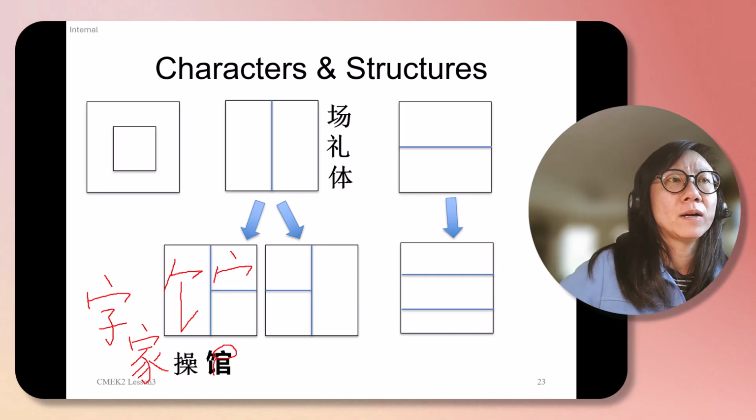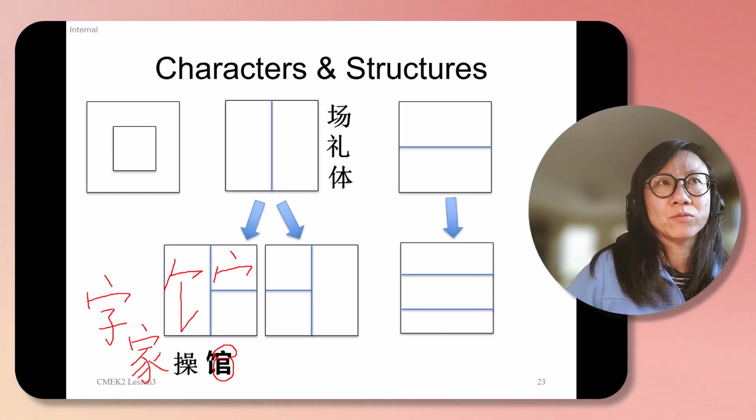And then the right-hand side, the bottom part, it looks like there are 2 boxes connected with one left side vertical line. So we start from the left-hand side radical. Remember, we always apply the rules of writing from left to right, from top to bottom, right?